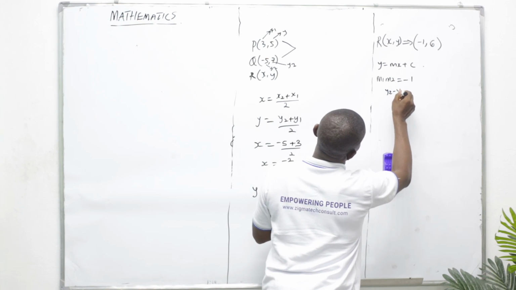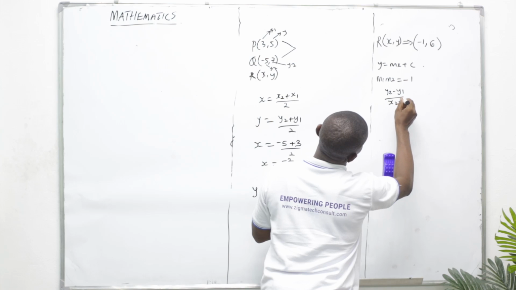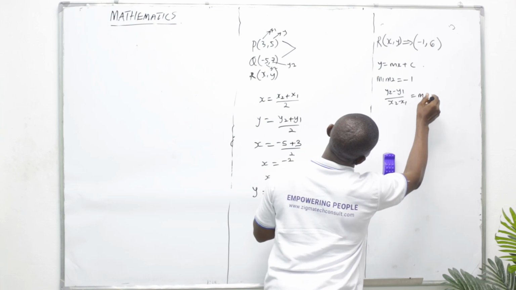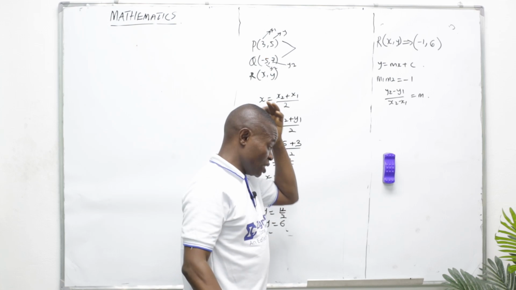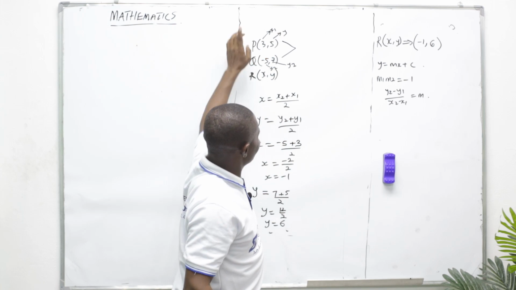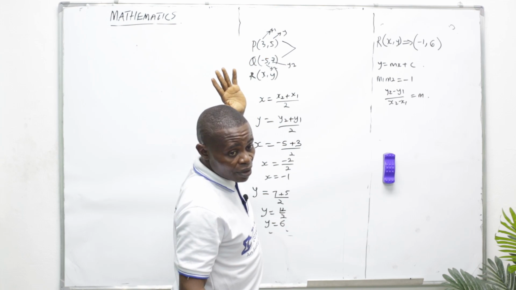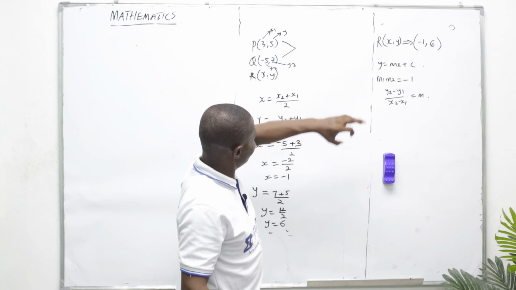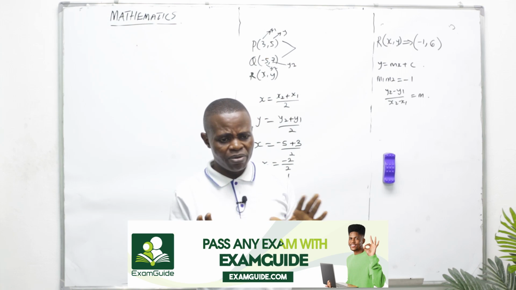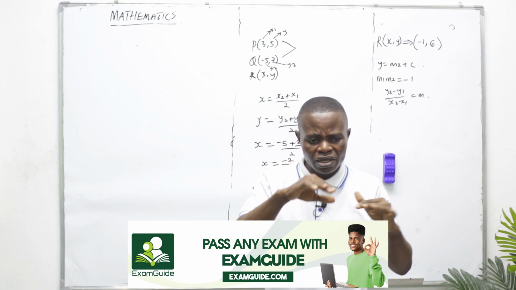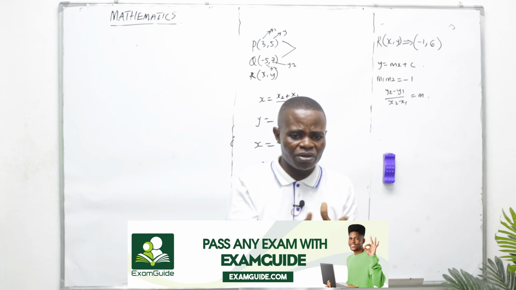will give us that (y2 minus y1) all over (x2 minus x1) equals m. Now, PQ, see them here. I want to get the gradient of the points P and Q. You may be thinking that PQ is talking about multiplication.